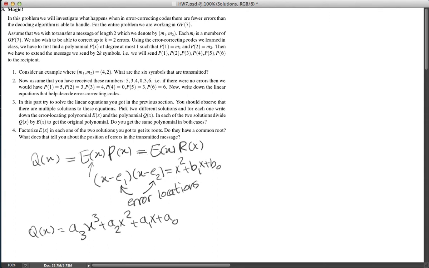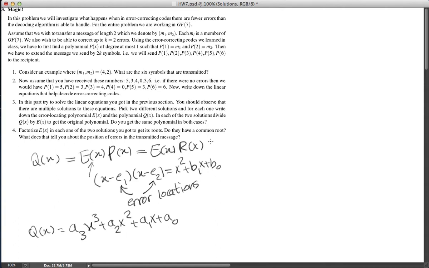The reason why these two are equal is that, first of all, for x's which are not at the error locations, r of x is just the same thing as p of x, so these two are equal. But whenever x is one of the two error locations, e of x is 0, and no matter what we multiply by 0, we get the same thing. So these two are equal, so therefore q of x is equal to e of x times r of x.